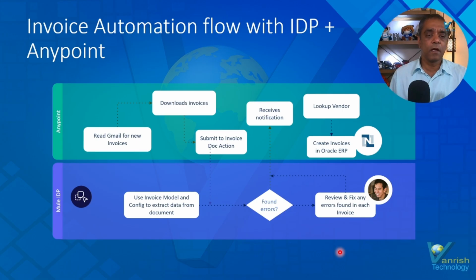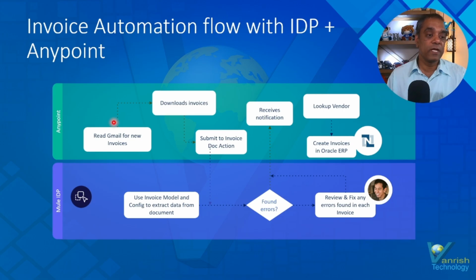This is another diagram I put here, showing the invoice automation flow with IDP plus Anypoint Platform. IDP uses the invoice model and is configured to extract data from the document, and based on that it is either found or an error. If it is an error, you get a notification, and if there is an issue, you can fix it for each of your invoices.